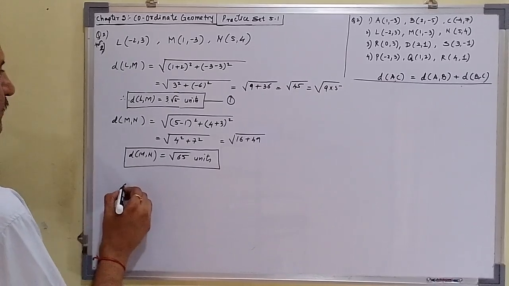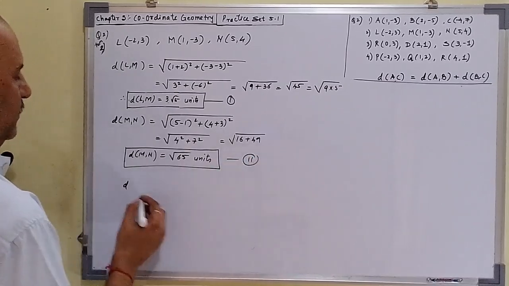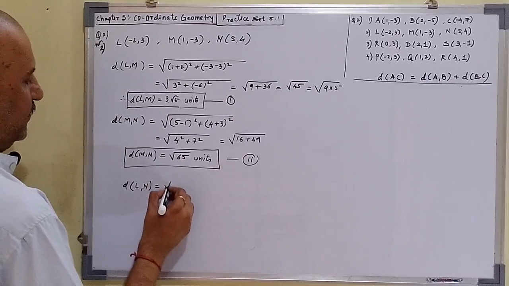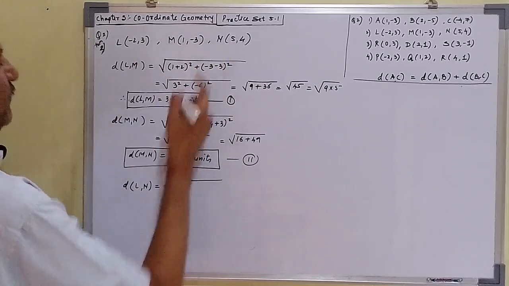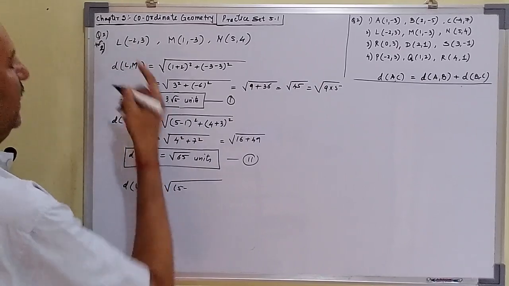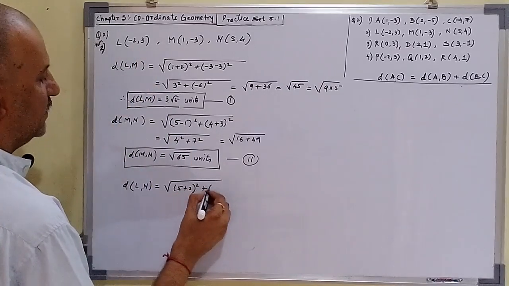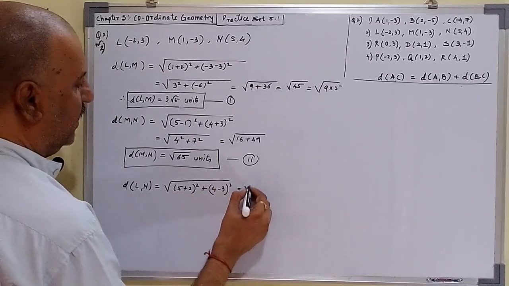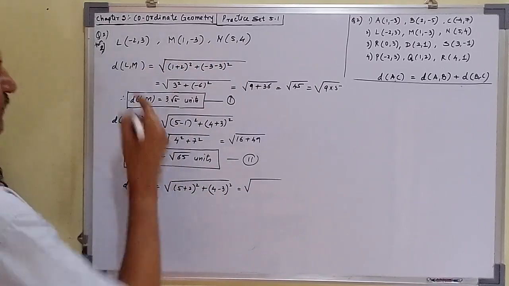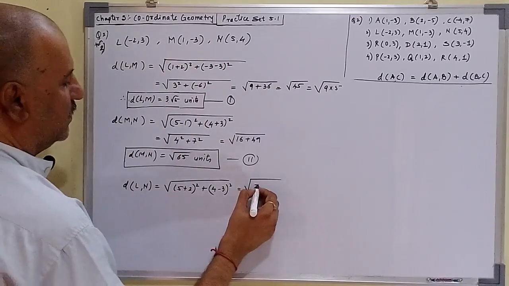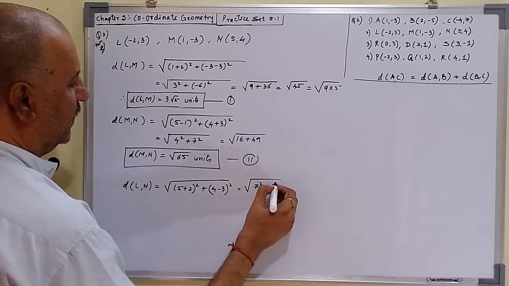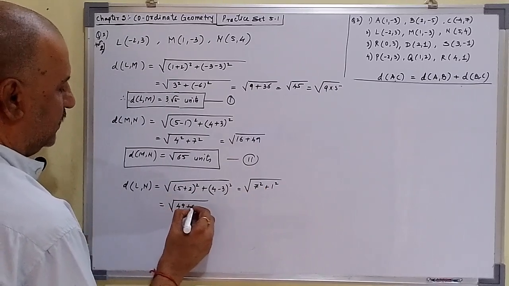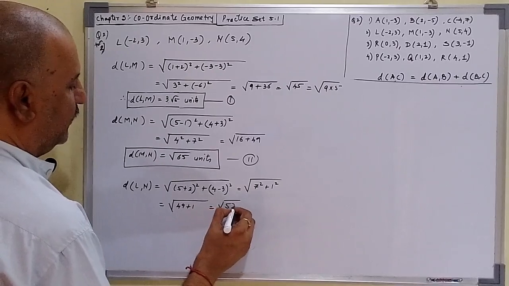Now we go to distance LN. This is 2. Distance LN is square root of (5 plus 2) squared plus (4 minus 3) squared. What will this be? 7 squared plus 1 squared. So this is 49 plus 1, root 50.